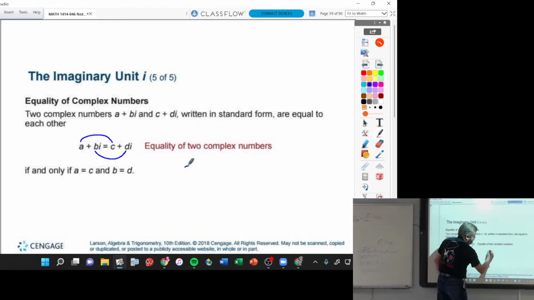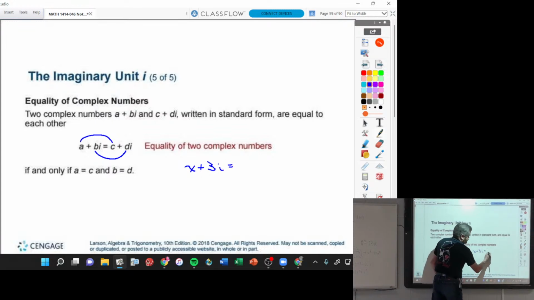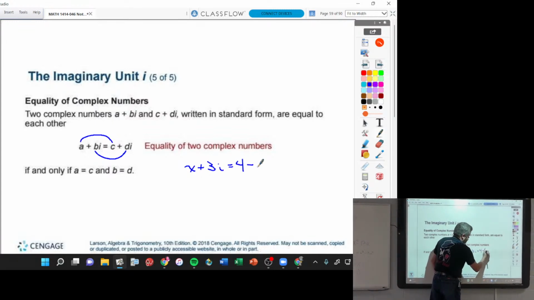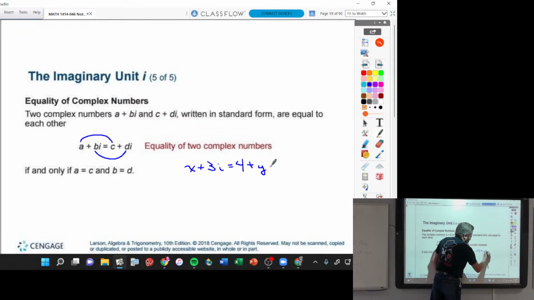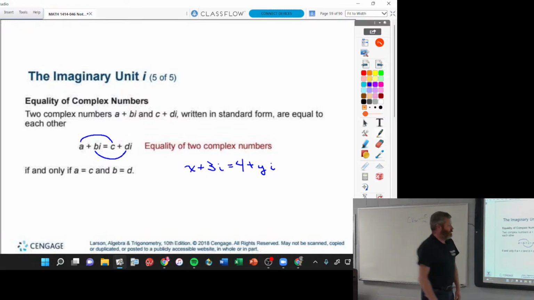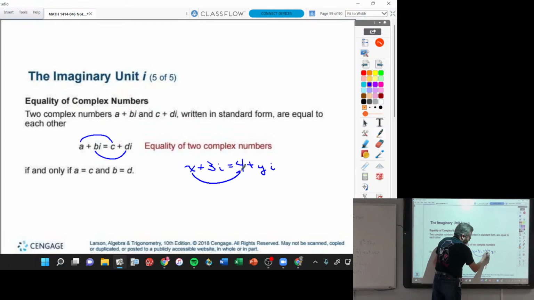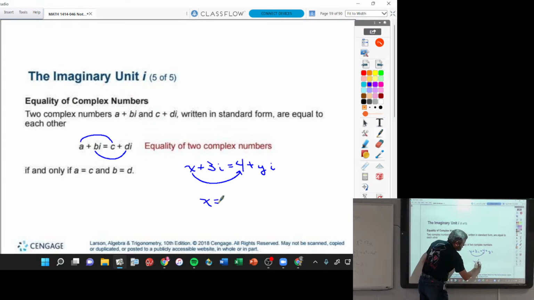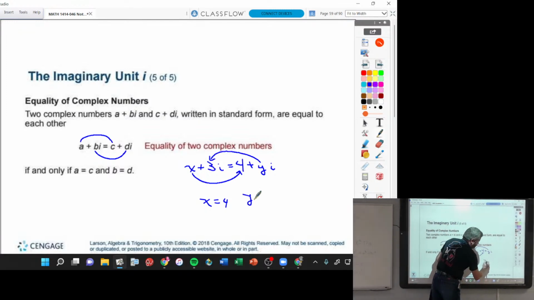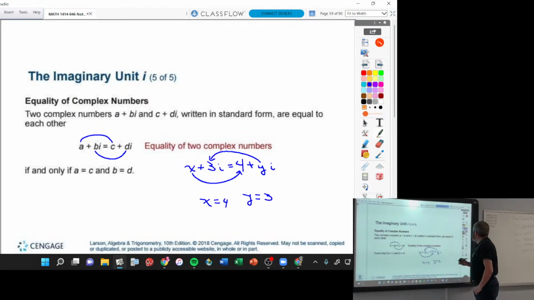So if I had x plus 3i equals 4 plus yi, and I said, hey, what's x? Well, all you have to do is look at it: x is the real part and 4 is the real part, so x equals 4. And y, which is the imaginary part, is in the same place as the 3, so y equals 3. Okay, so that's what this equality of complex numbers is telling us.